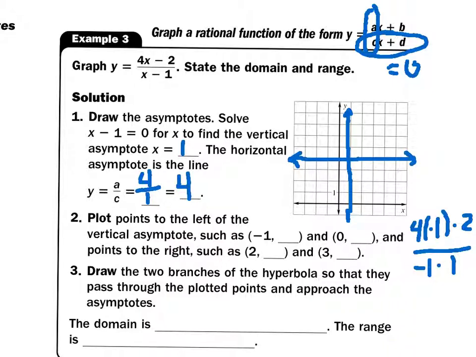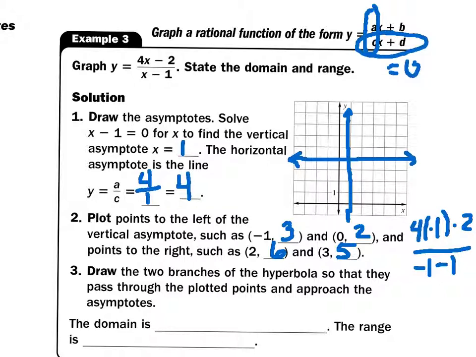So that would be -4 minus 2 is -6. -6 over -1 minus 1, that would be -2. And -6 divided by -2 is +3. And you would just keep going and plugging in several points, making sure that you pick points on both sides of the vertical line.